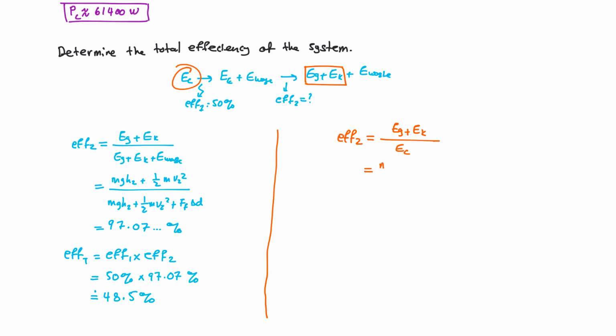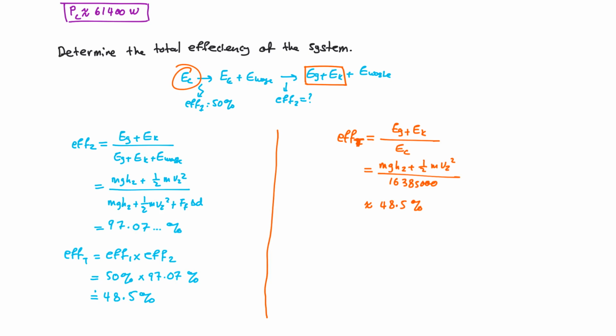So we know that EG plus EK is going to be calculated by mgh2 plus half mv2 squared. We're going to divide that by the chemical energy, which is 16,385,000. And if we plug everything in, we should get 48.5%. And sorry, this is efficiency total, not efficiency 2. And those are just 2 different methods of solving the same question.